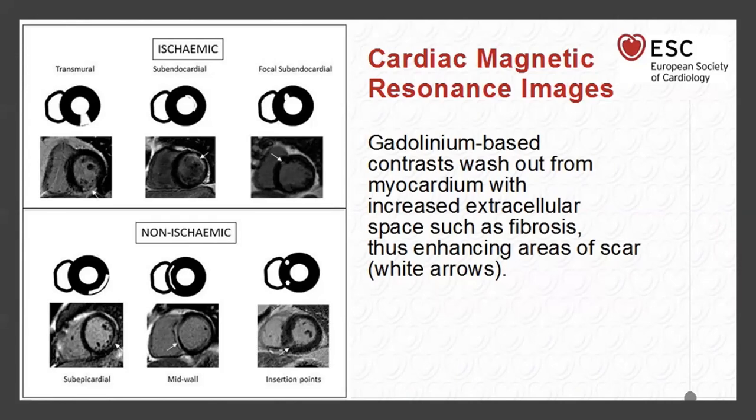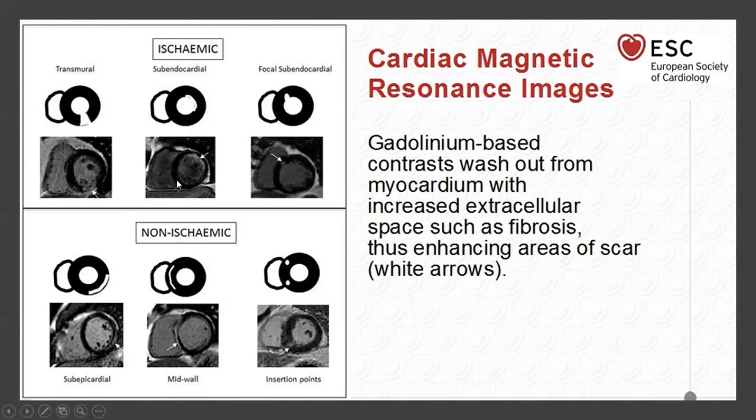So if we're doing an MRI, we're looking at the gadolinium-based contrast washout from the myocardium, which will show an increase in extracellular space, such as when you're getting fibrosis. So these areas are enhanced, and these areas will be the ones showing the ischemia.